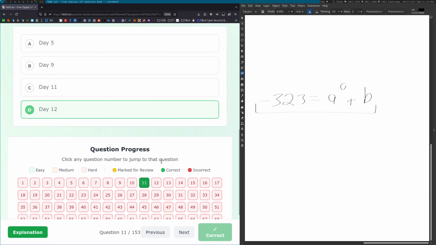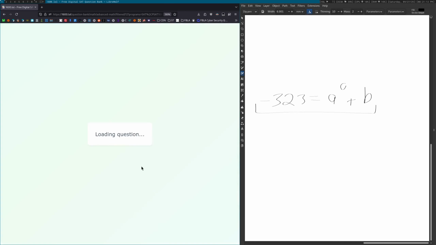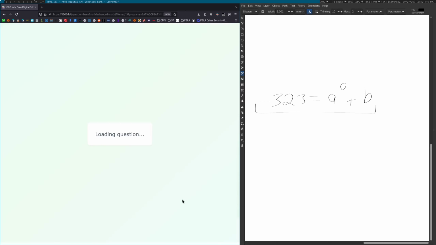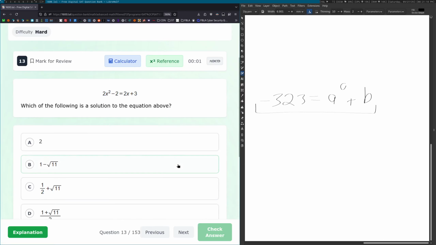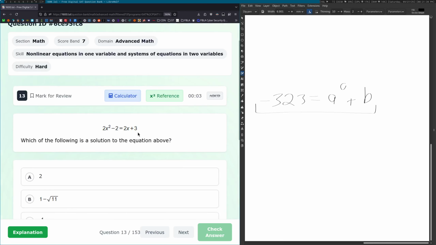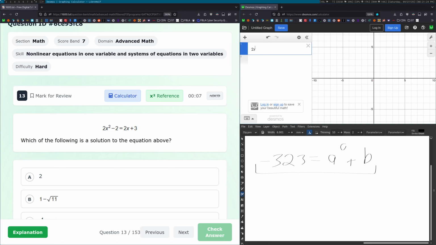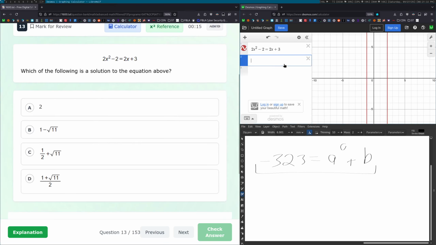Wow, that's a lot of problems they have. Okay, I'm not sure what this is supposed to be. I really hope you guys can do this one. So let's do the same thing, 2x squared minus 2, 2x plus 3. Let's look at the solutions. These are not nice numbers, so we can just match them to what's present here.